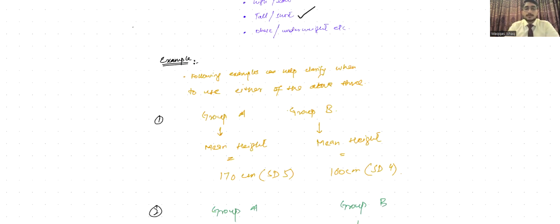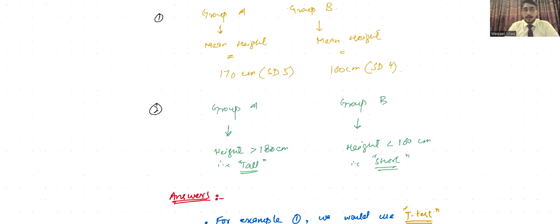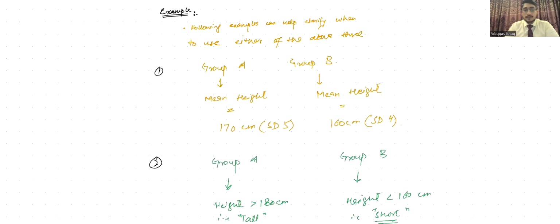For example, again, we have group A and group B. In the first example, group A has a mean height of 170 centimeters and standard deviation is 5, while group B has a mean height of 160 centimeters, standard deviation of 4.